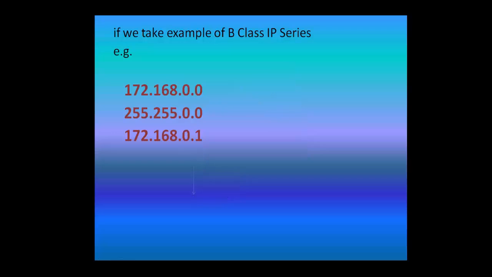So now it is the network ID, network IP. Okay, it is the subnet mask. It is the first valid IP. It is the last valid IP of the in between.